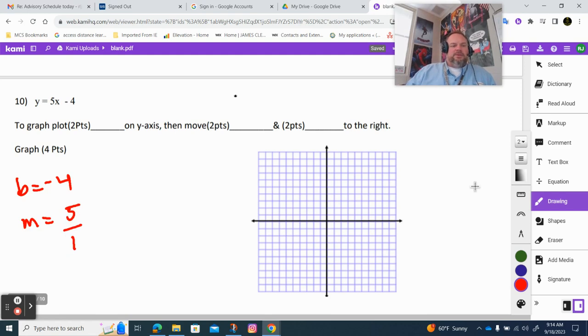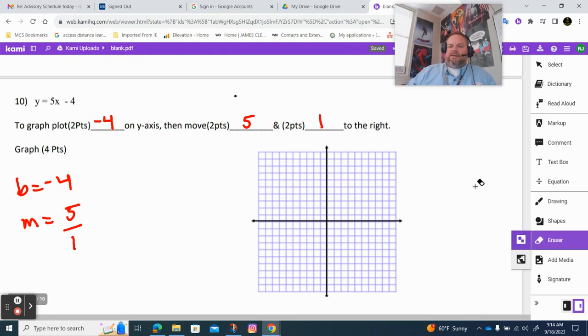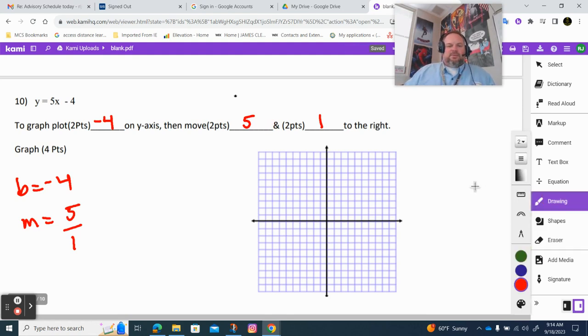All right, so we plot -4 on the y-axis, 5, and then 1 to the right. So you could say 5 up, you just write the number, that's fine. Okay, because this is our up or down, and this is to the right. So we go to -4. 1, 2, 3, and 4. Over 1, up 5 should be right here.